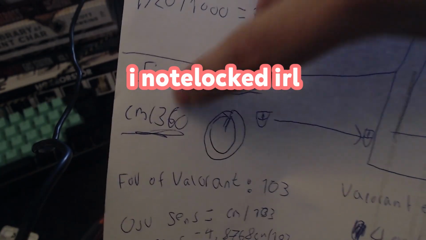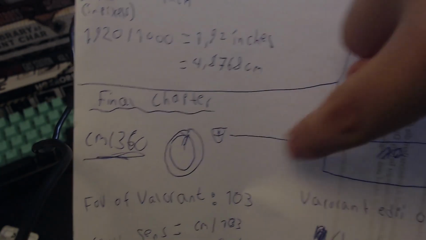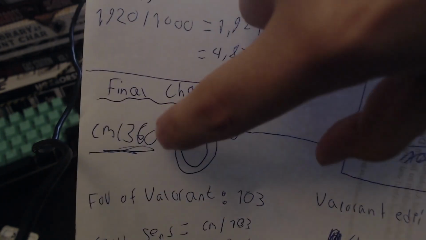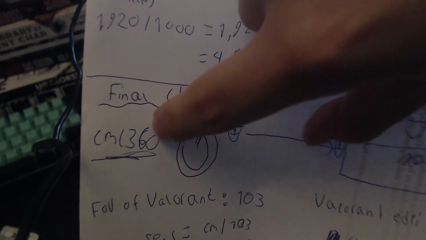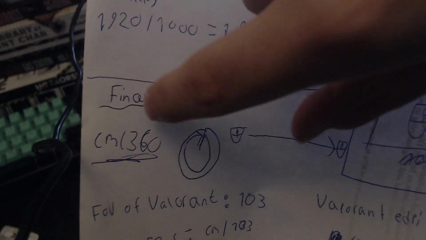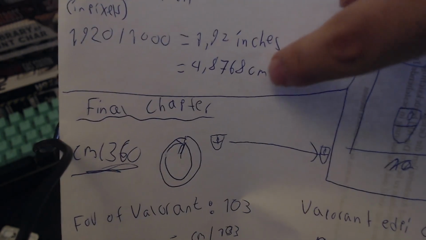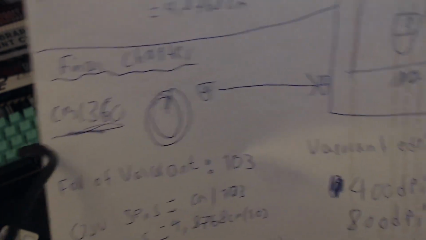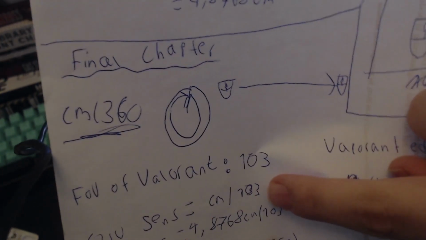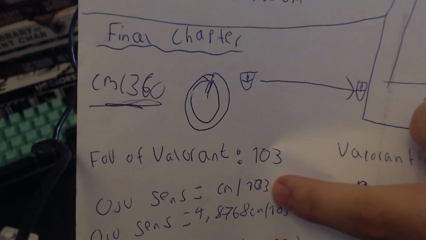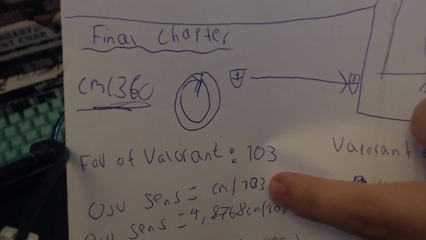So from one edge to the other edge in OSU is just the screen. It's 1020 pixels. Well, in Valorant it's also 1020 pixels, but in game it's a FOV of 103 degrees. So we can just say that in OSU it's not centimeters per width, it's now centimeters per 103 degrees, because that is the width.